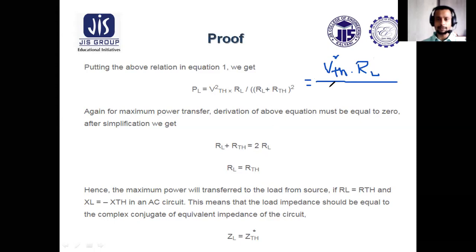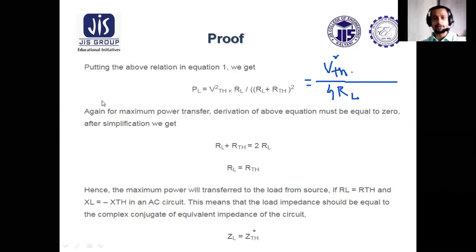So 2RL square is 4RL square. So one RL and this square term will be cancelled. So VTH square by 4RL. Now RTH equals RL, so this can also be written as VTH square by 4RTH.